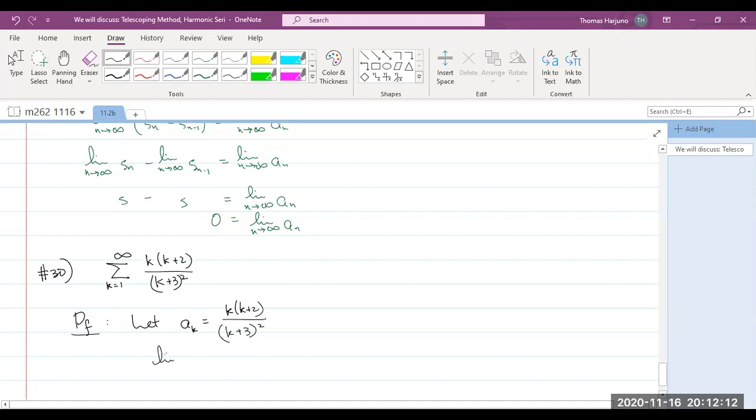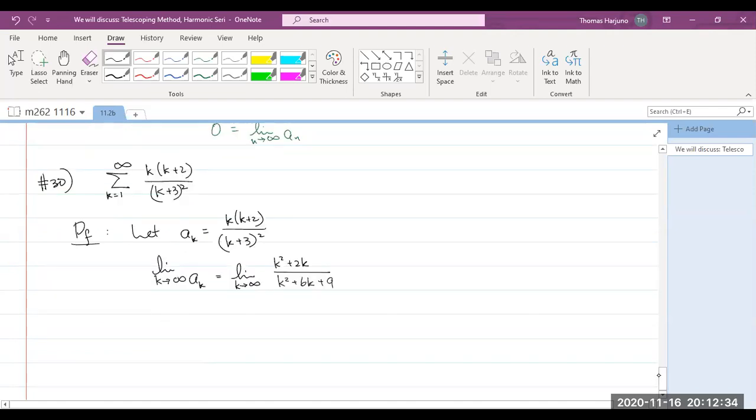So the limit as k goes to infinity of the k-th term will be the limit of (k squared plus 2k) over (k squared plus 6k plus 9).